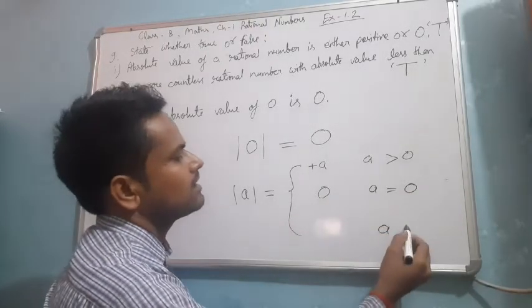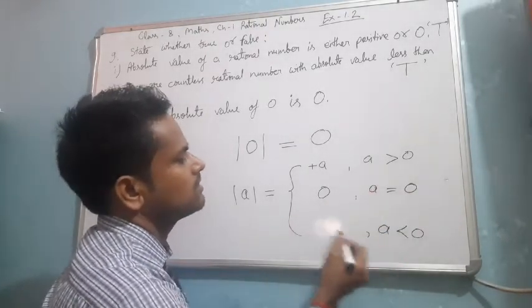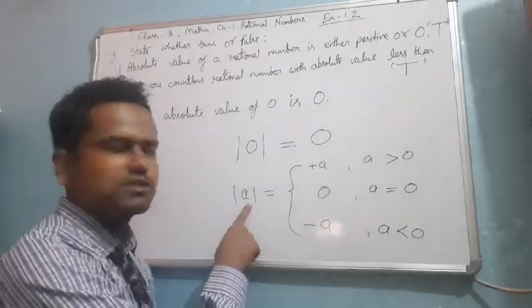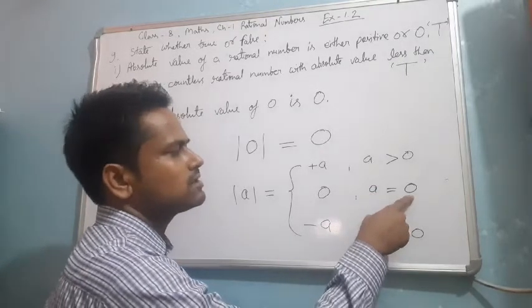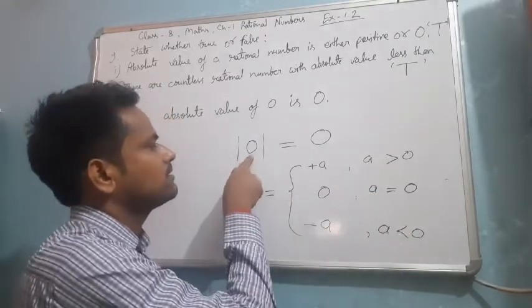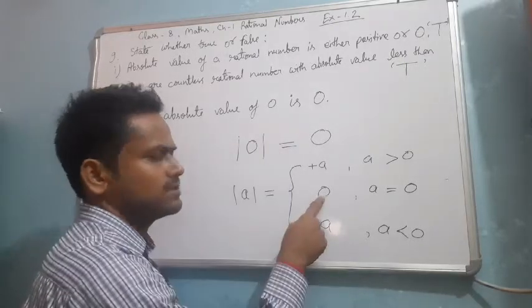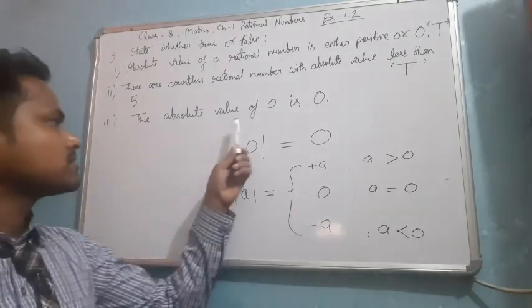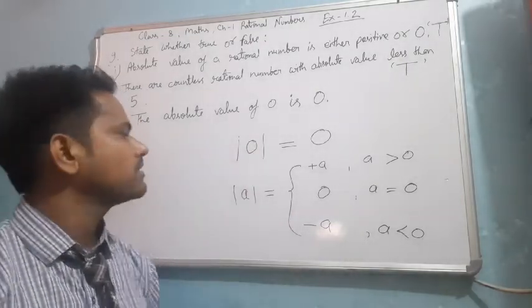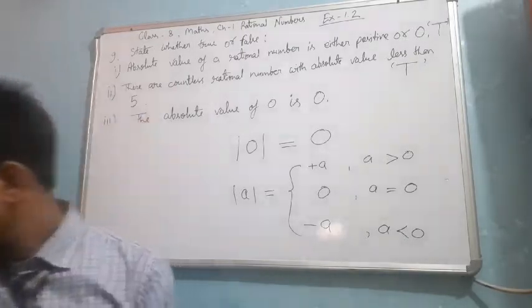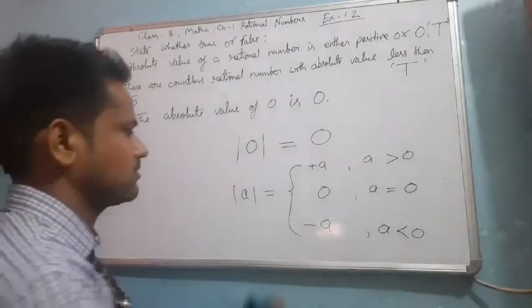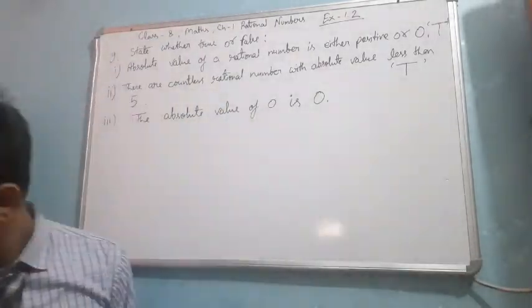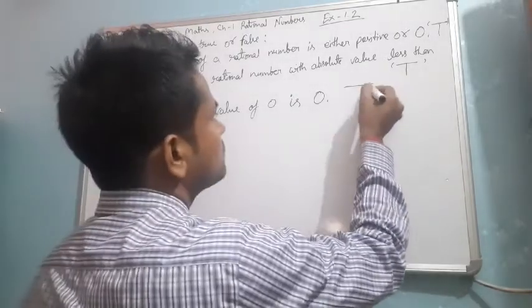If a is less than 0, then it gives minus a. Got it? So here in the definition you can see that if a is equal to 0, then it gives 0. Got it? So this is part of the definition of the absolute value of a. So this statement is also true.